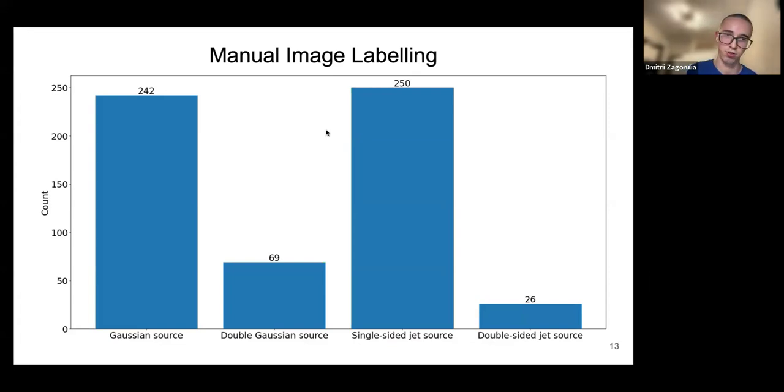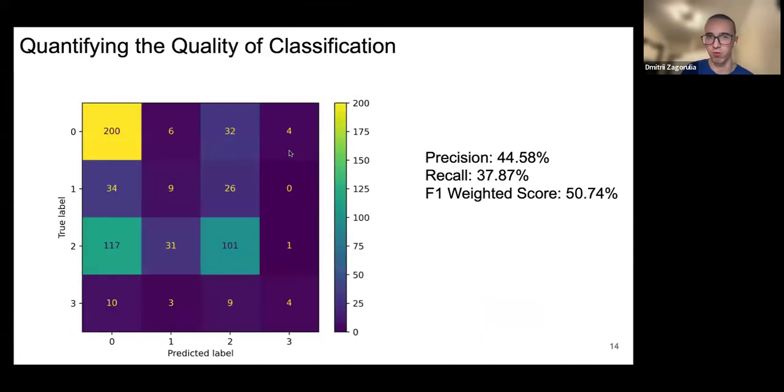That was quite quick, and these were random images. This is the distribution of morphological classes that we get from manual image labeling. And we used these 600 images from the Astrogeo dataset essentially for validation. This is what we get as our result.